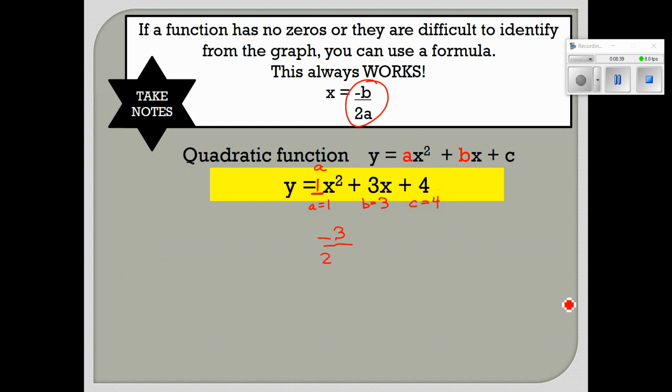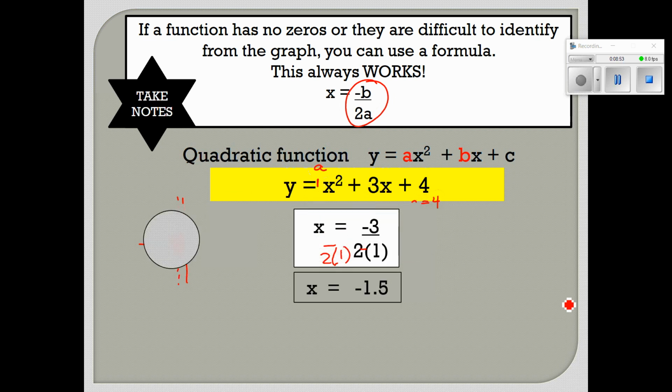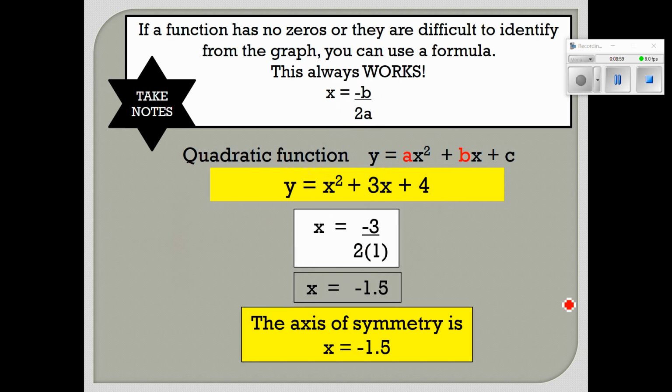And then 2 times the a term would be 2. So we have -3 halves, which is -1.5. So we know that on a graph, the line of symmetry would be at -1.5. -b over 2a is to find your x, your axis of symmetry.